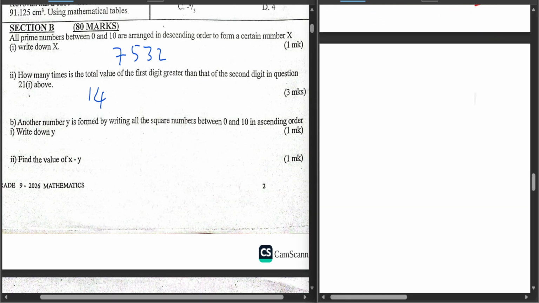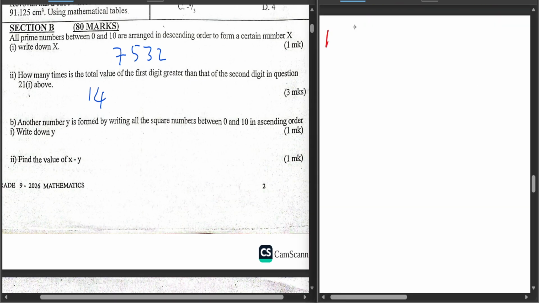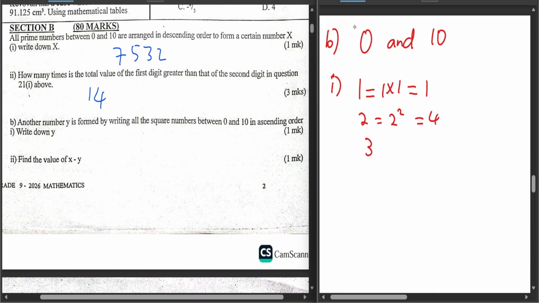Okay, question B. Another number y is formed by writing all the square numbers between 0 and 10 in ascending order. Write down y. Square numbers are, for example, 1 times 1 gives you 1, 2 squared gives you 4, 3 squared gives you 9, 4 squared gives you 16.